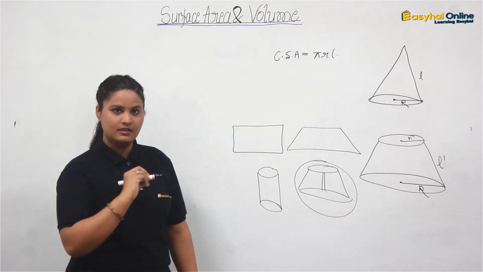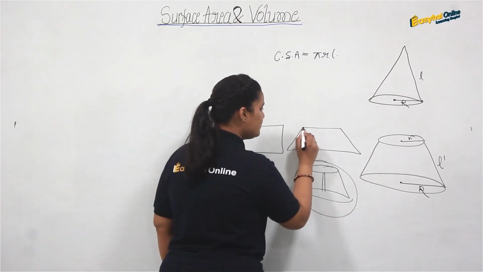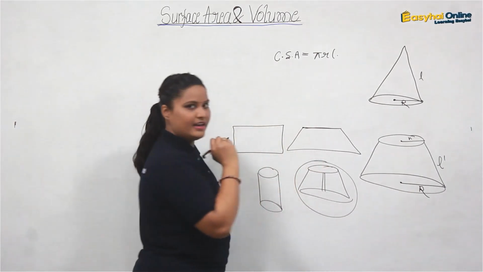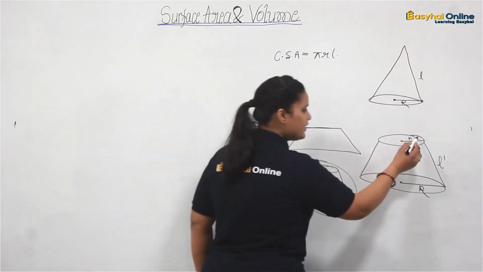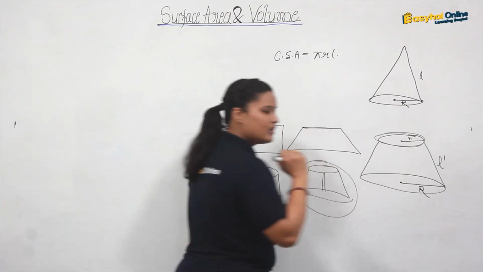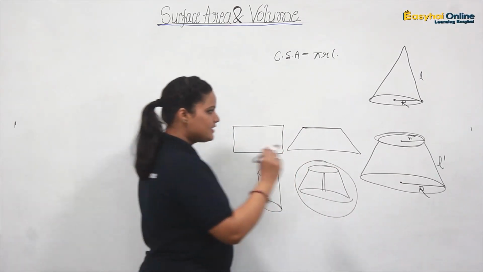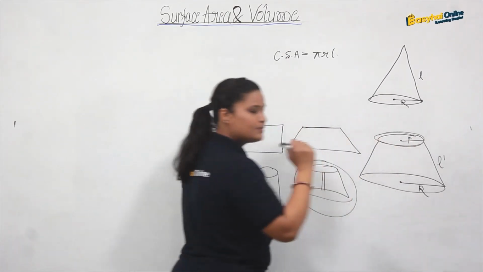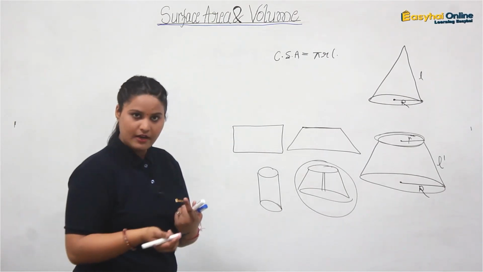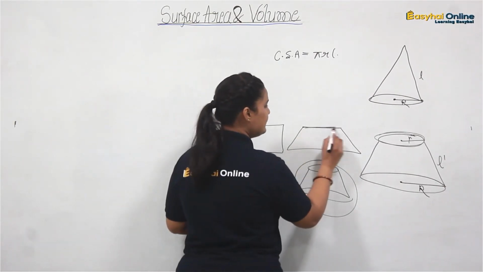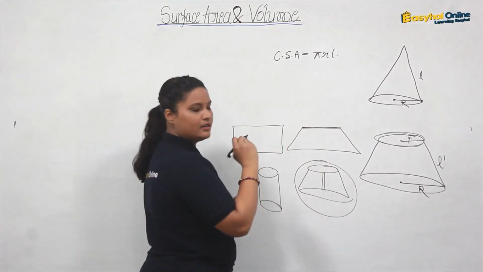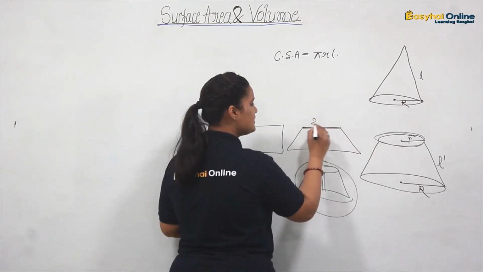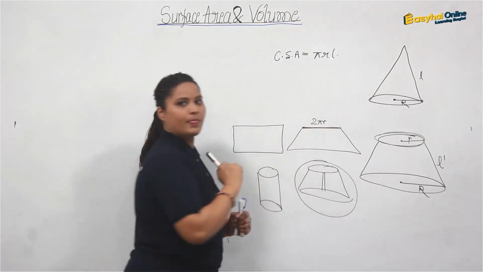Is that clear? It means the length of this shortest side will be the circumference of this smaller circle, right? And what is the radius of this smaller circle? It is small r. Then I can say the length of this shortest side will be the circumference, meaning 2 pi r.